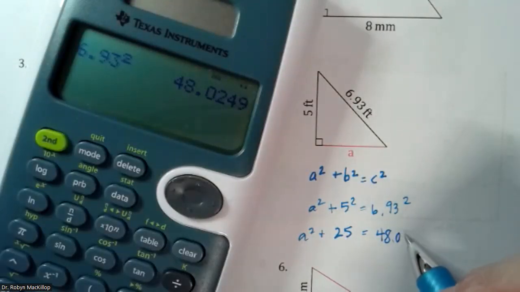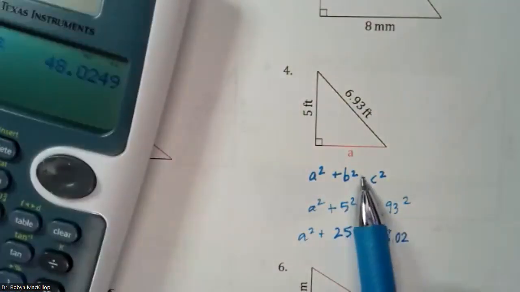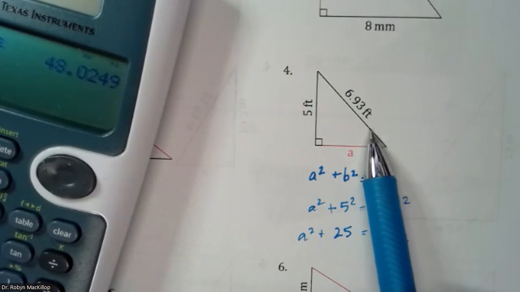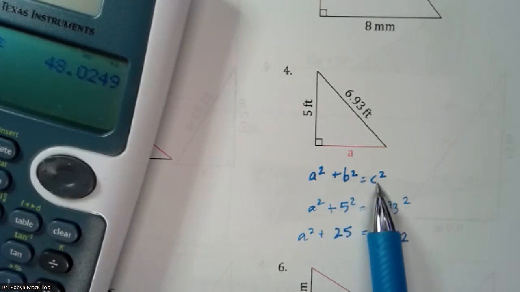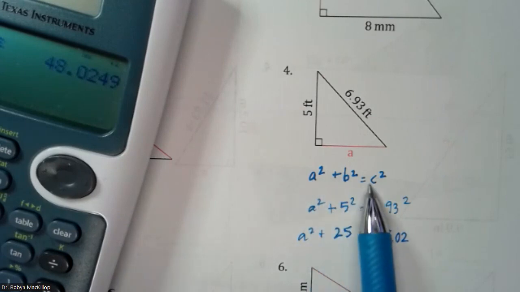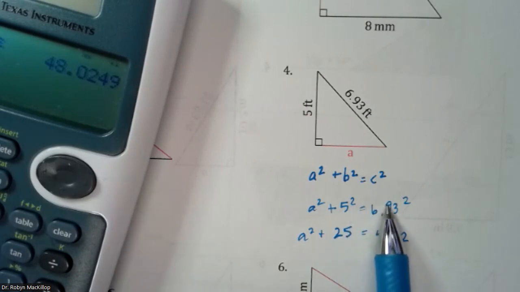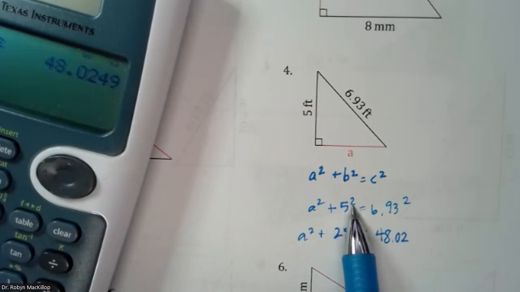And how do we do this again? You go to the second, next to the... In this case, they gave us C. C is always the long side of a triangle. And they gave us C, so we filled that in. What we needed to find was side A. And because these are all squared, we have to make sure that we've squared the numbers. 5 was side B, the square is from the formula.